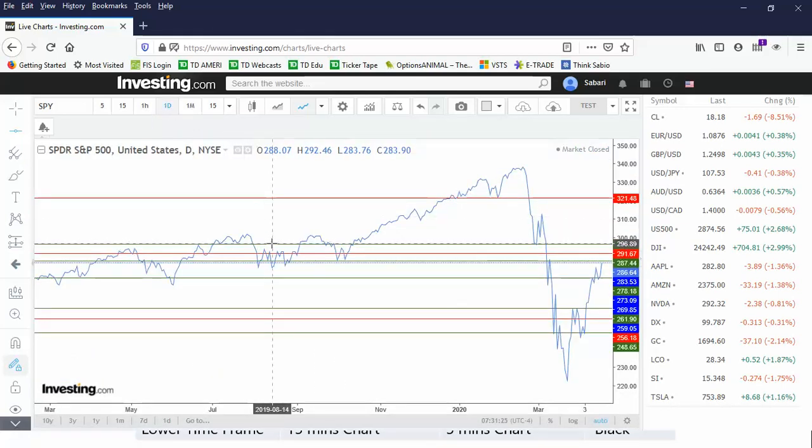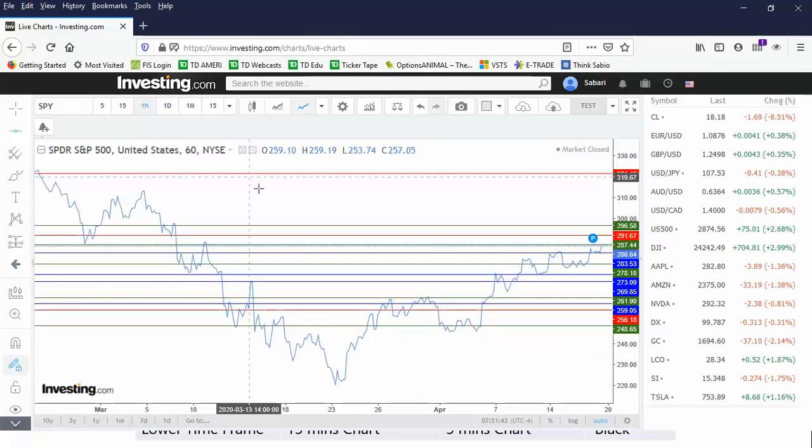Daily chart, this is monthly support. Red ones are monthly chart support, and the green ones are daily chart support and resistance. In hourly chart, red color is monthly support and resistance.